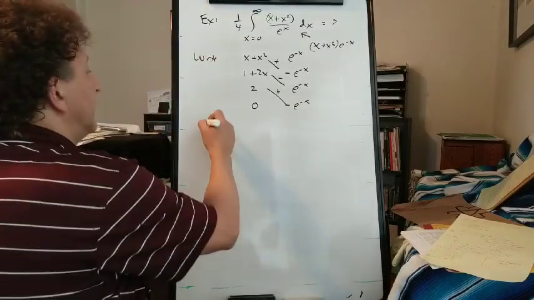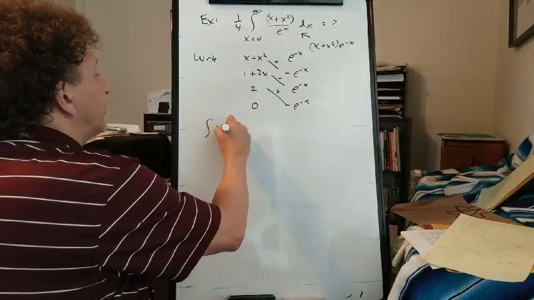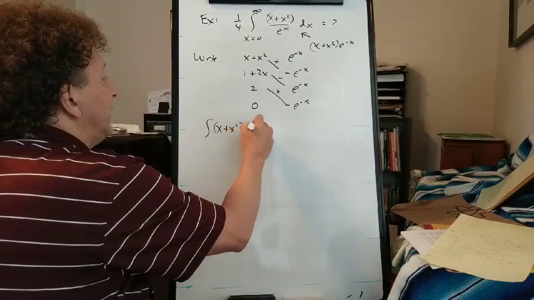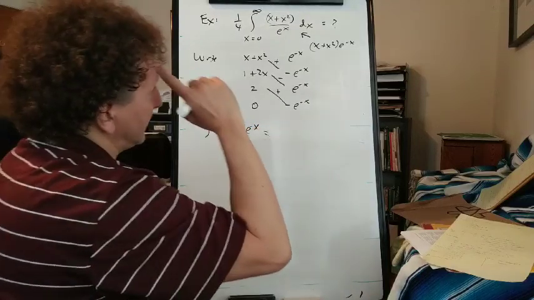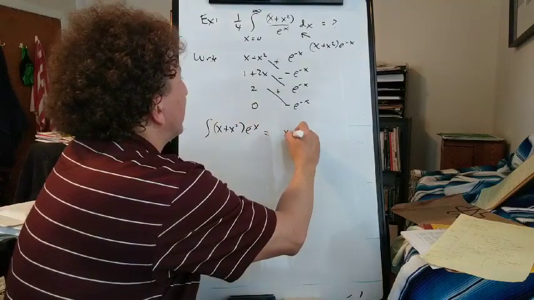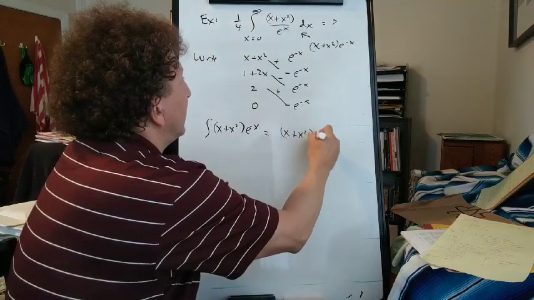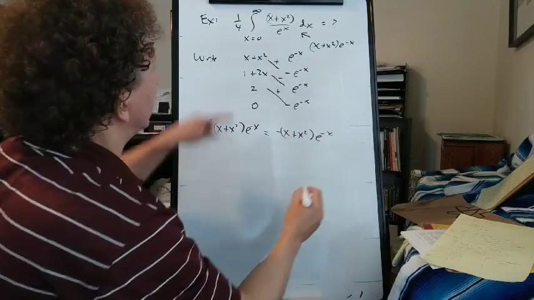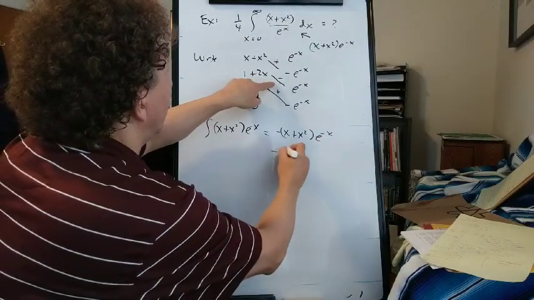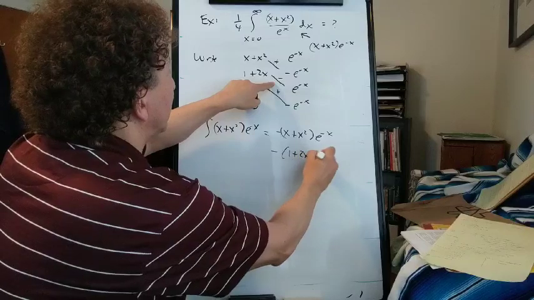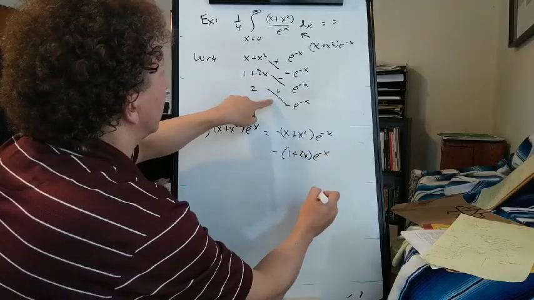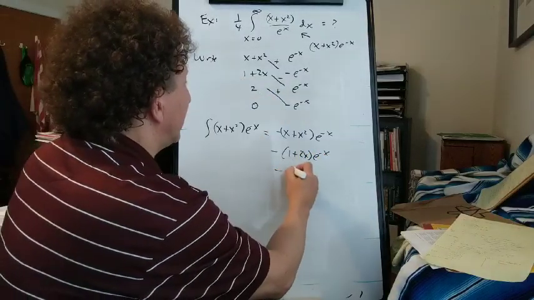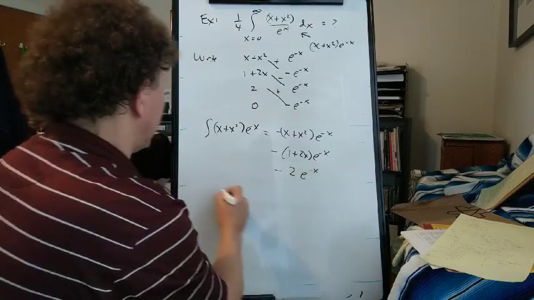And apparently the integral of x plus x squared times e to the negative x is minus x plus x squared times e to the minus x, minus 1 plus 2x times e to the negative x, minus 2 e to the negative x.